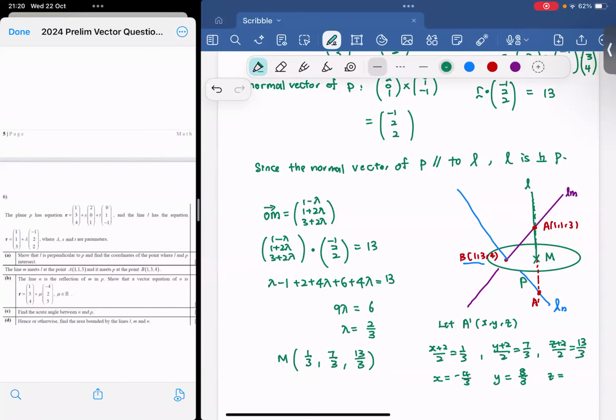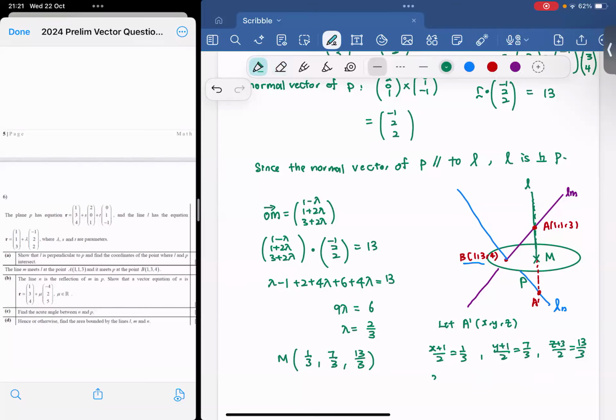Wrong. What did I do wrong? Why did I write 2, 2, 2? This is 1, this is 1, this is 3. Where did I get 2, 2, 2 from?